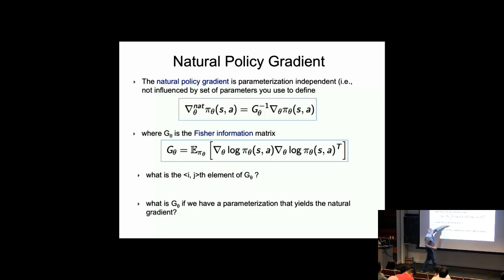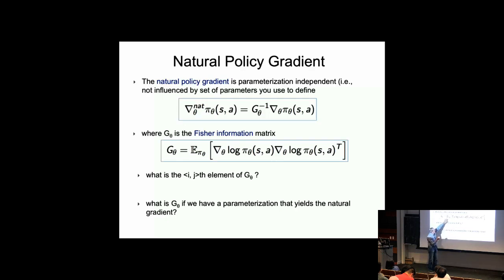The ijth element will simply be the ith element of one vector multiplied by the jth element of the other.